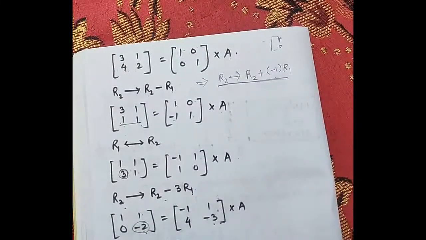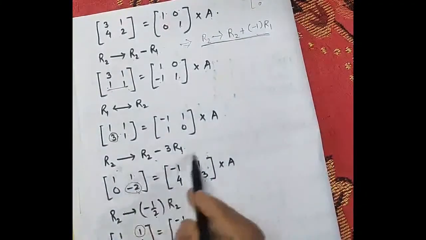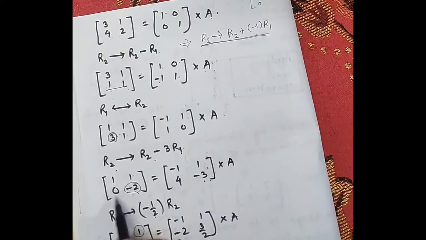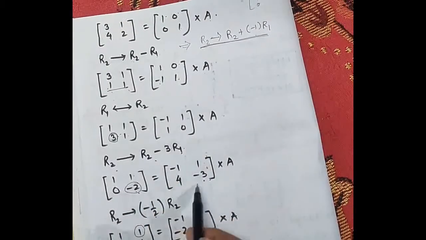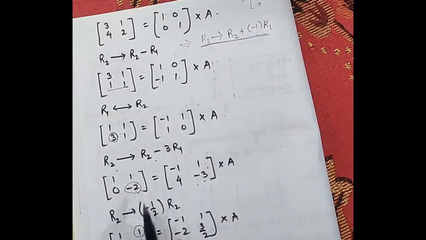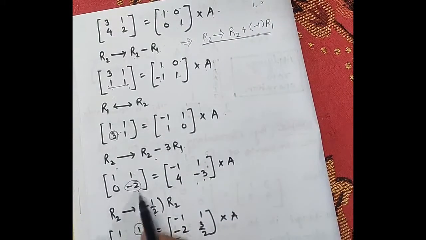By applying this operation you are getting this one 0. The same operation we have to apply over here. We are getting this.